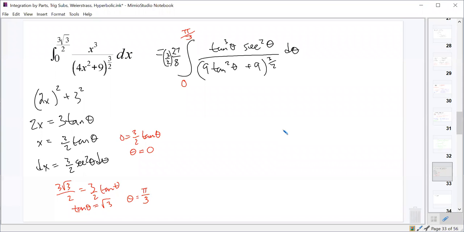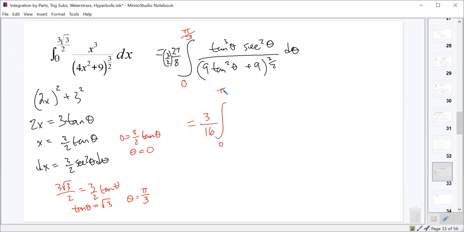Okay. So we still have some constants in the denominator to deal with. So let's deal with the constants in the denominator. 9 tangent squared theta plus 9, we can factor a 9 out of that, right? So we have 9 factored out. As it comes out of the parentheses, it first gets square rooted, which makes it a 3. Then it gets cubed, which makes it a 27. So we have a 1/27th, which will cancel with the 27 up there. So our final fraction out in front just becomes 3/16.